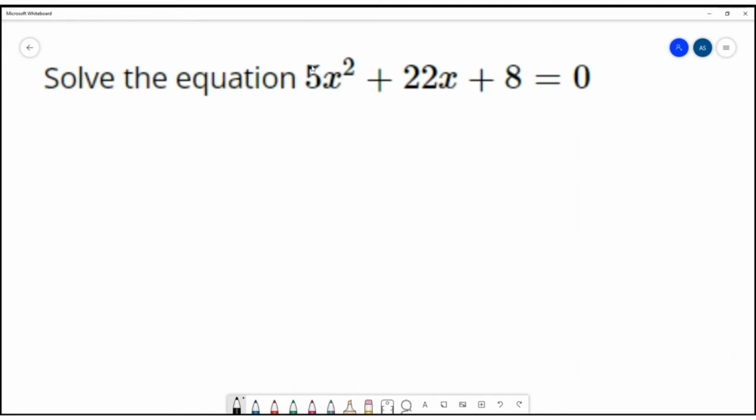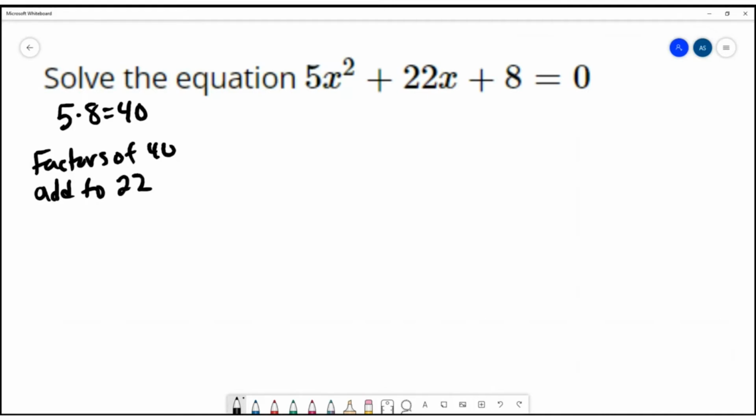You're going to multiply the leading coefficient a of 5 by the constant term 8, which is c. 5 times 8 is 40. And what we are looking for is factors of 40 that add to the middle coefficient, 22.